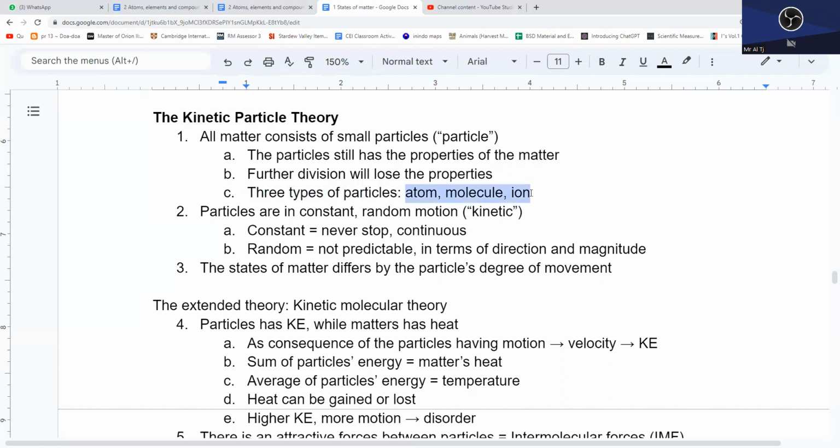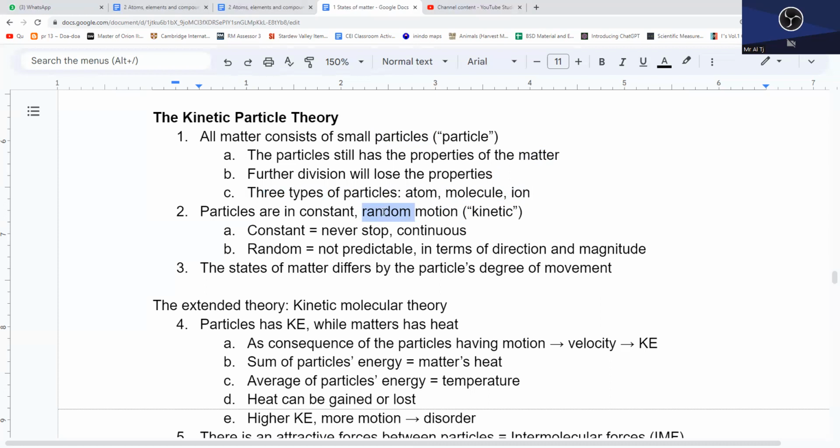There are three types of particles here: atoms, molecules, and ions. Now, these particles are always in constant random motion. This is the kinetic part of the theory. The keyword random means it's not predictable. There is no direction or magnitude that we can know of. But the average of them, we know.